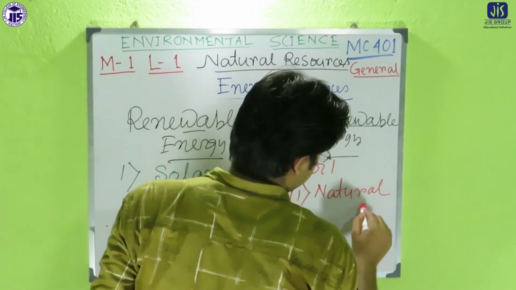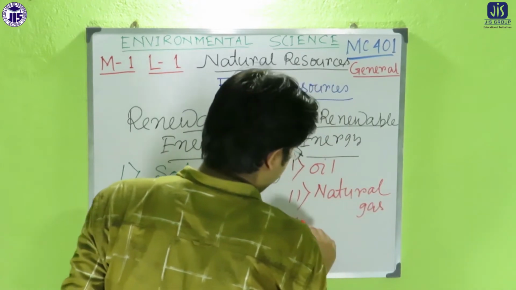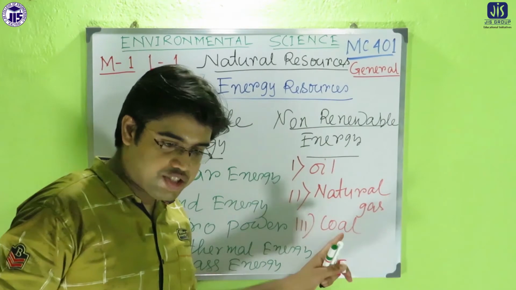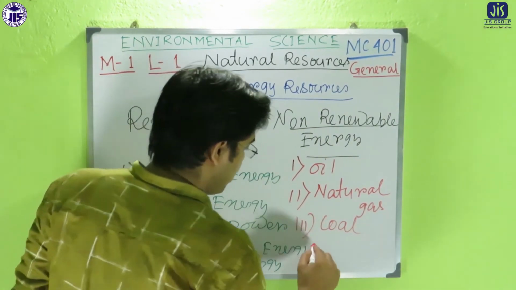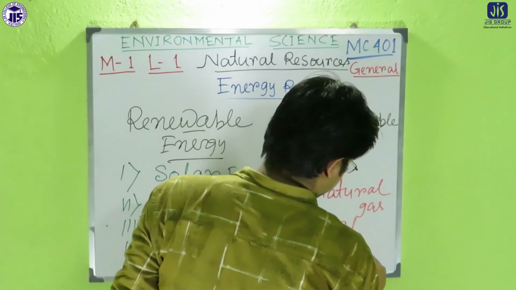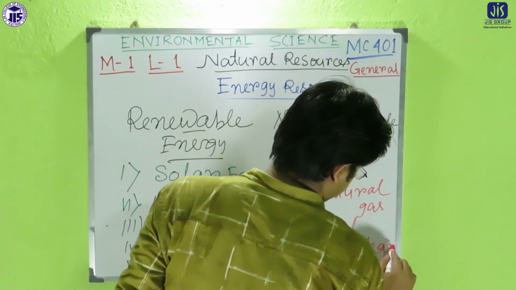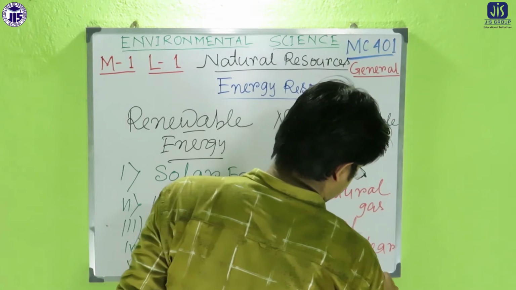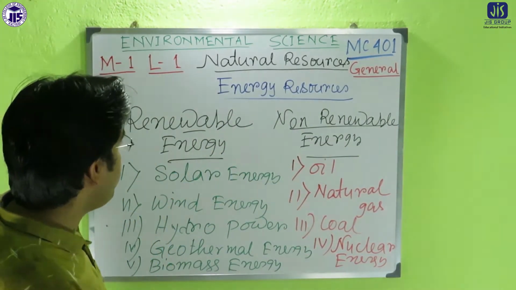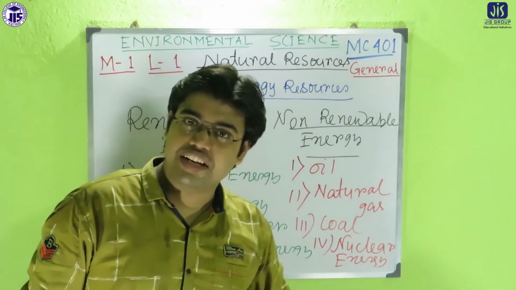The third is coal. And the last one, which is most dangerous, is nuclear energy.